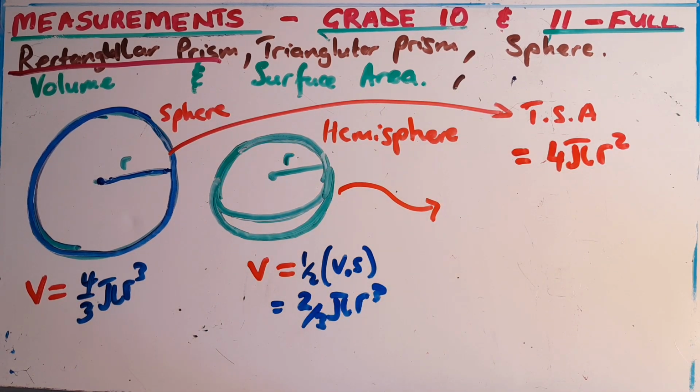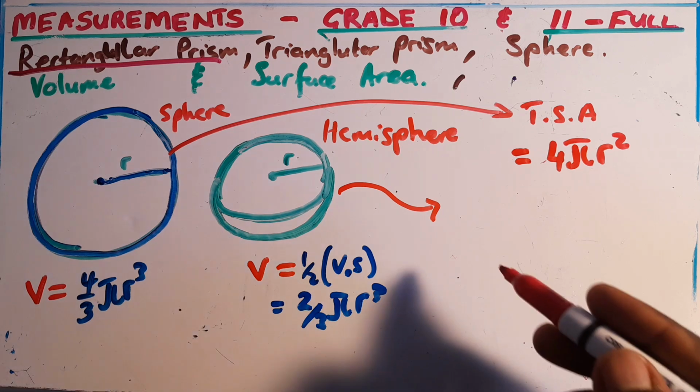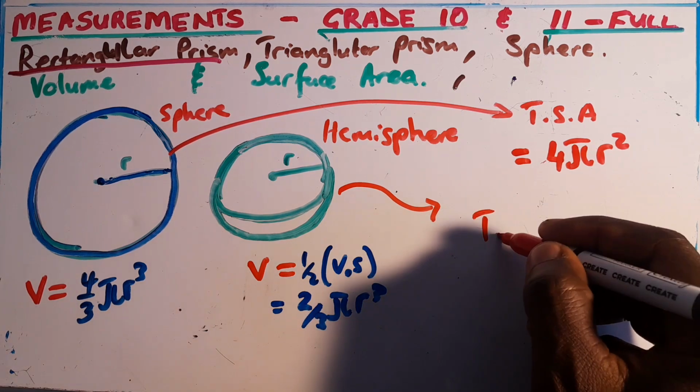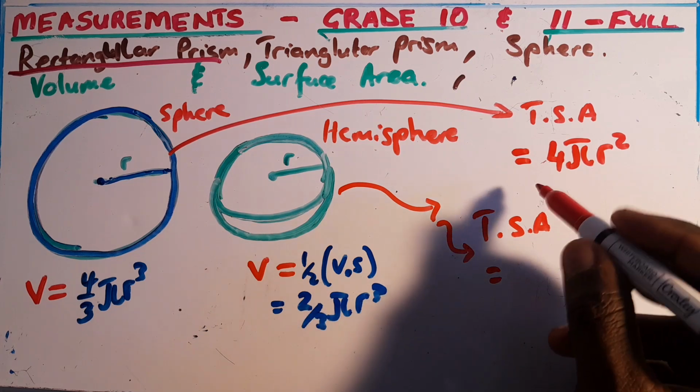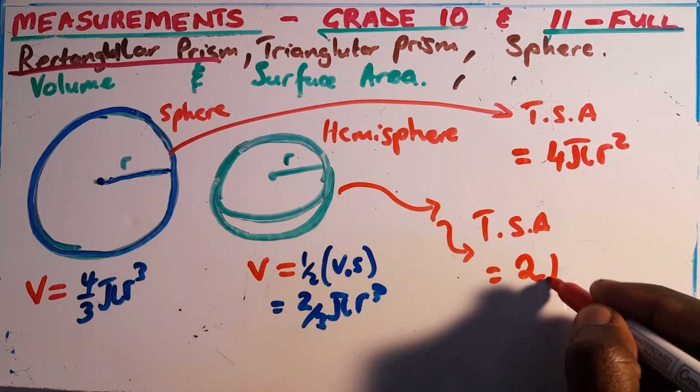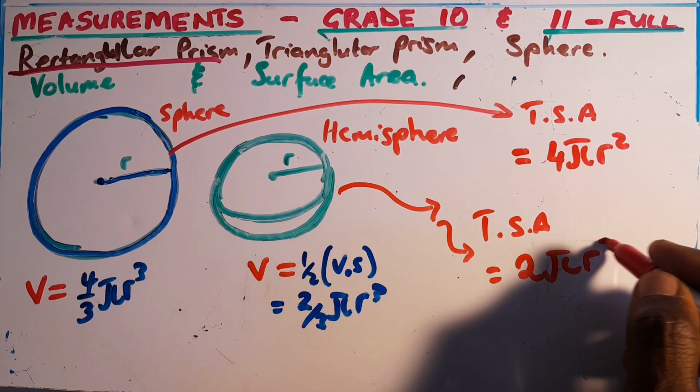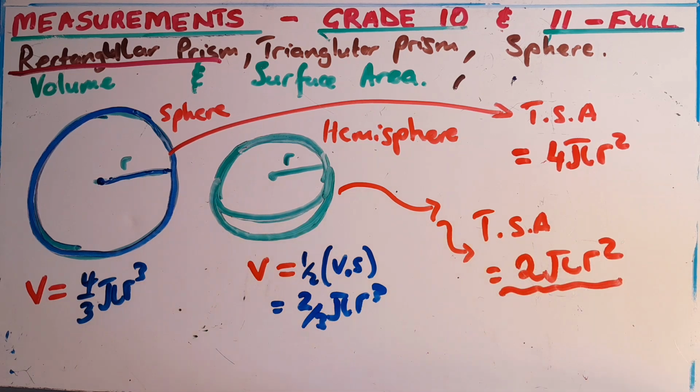But since we know that a hemisphere is half of that, it means that the total surface area of the hemisphere becomes half of that, which will just give us 2 pi r squared. That's the total surface area of a hemisphere. Can you see that? Yes.